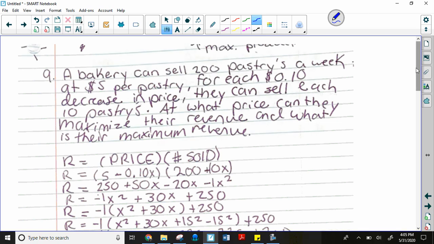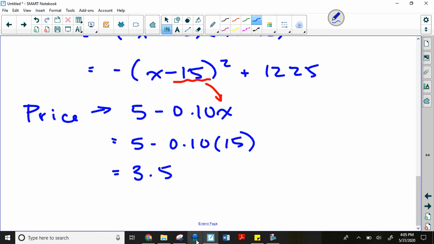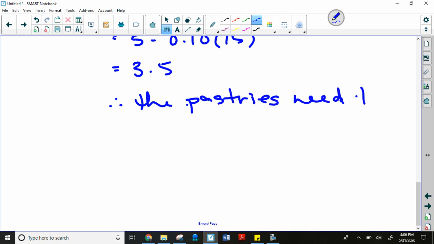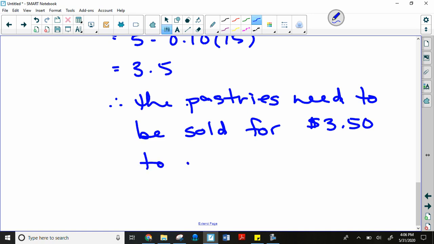What's the price they can max? So if they sold their pastries, therefore the pastries need to be sold for $3.50 instead of $5 to max revenue at what was it, $1,225?